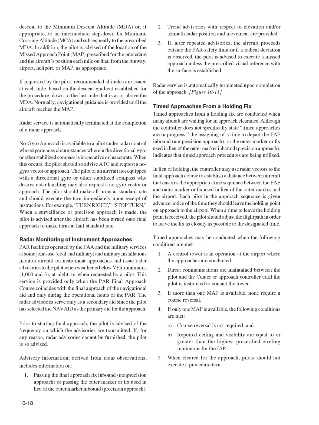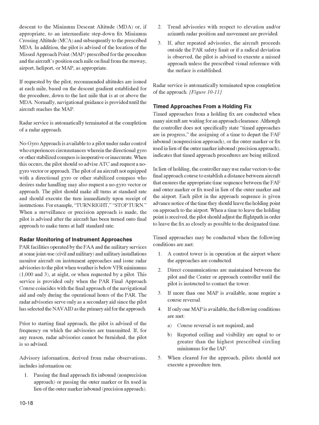Timed approaches may be conducted when the following conditions are met. 1. A control tower is in operation at the airport where the approaches are conducted. 2. Direct communications are maintained between the pilot and the center or approach controller until the pilot is instructed to contact the tower. 3. If more than one MAP is available, none require a course reversal. 4.